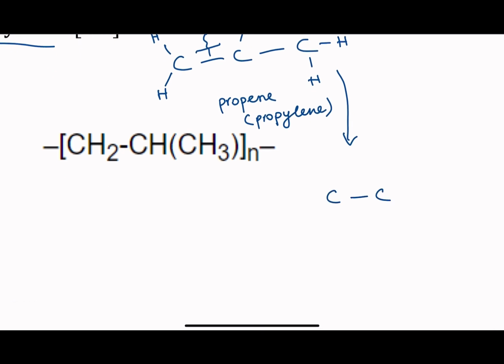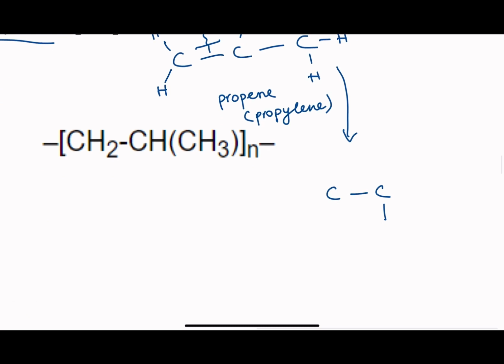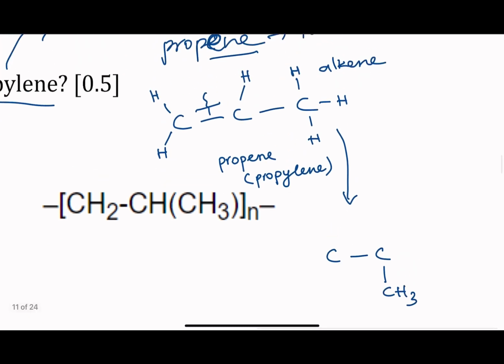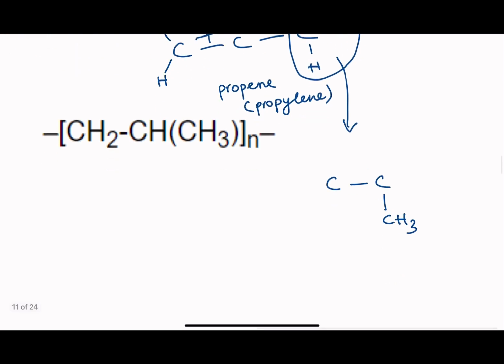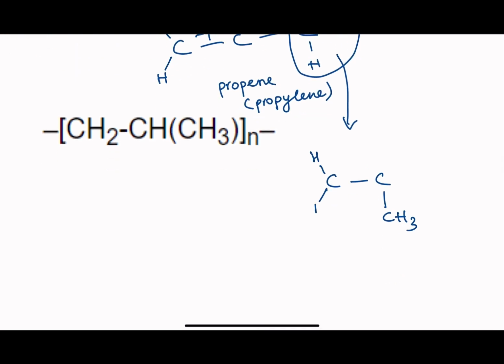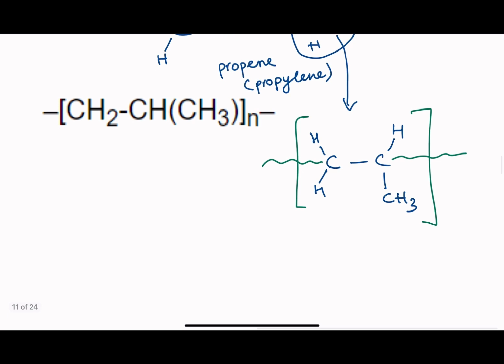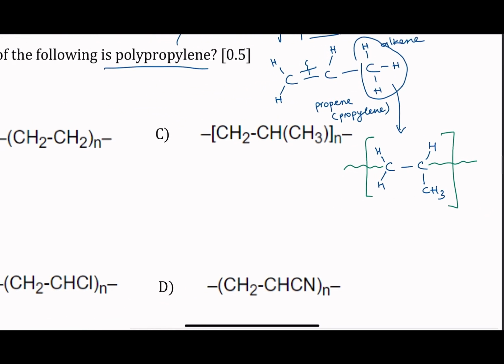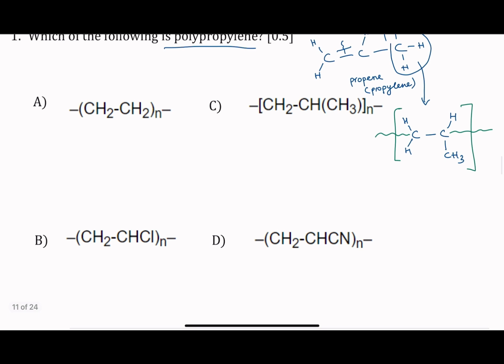So the double bond breaks down, and this CH3 I'm just going to write like this, CH3. We broke the double bond, and now I can make this polymer. I can connect to another monomer from here and to another monomer from here, and this is how it's going to look. If you check all these answers, not this, neither this nor this, this is the only answer for polypropylene.